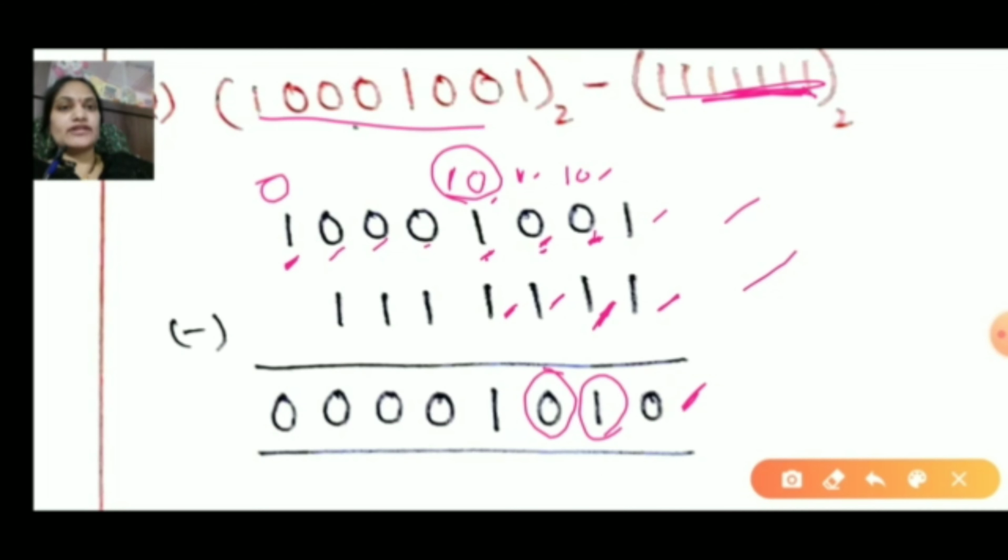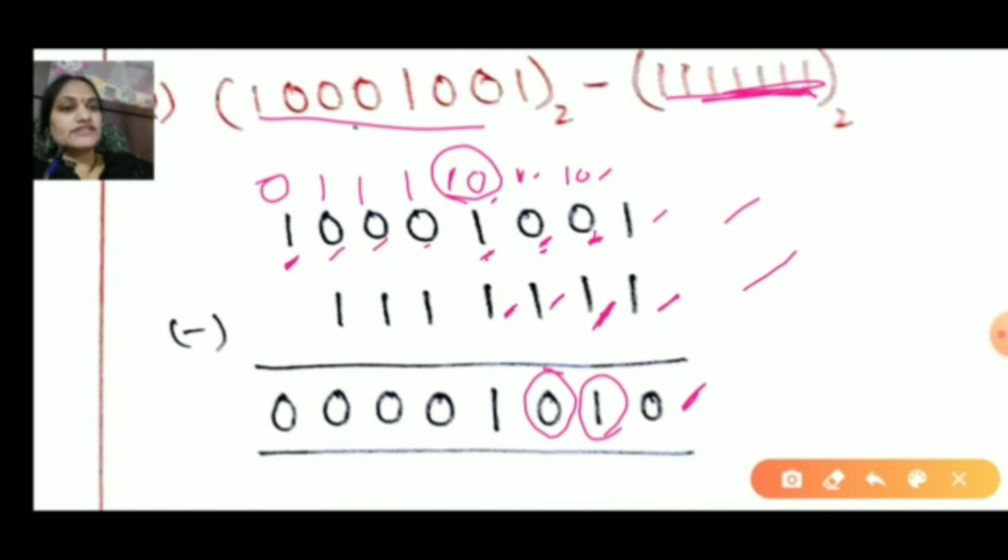That is decremented by 1. Okay. And then what about these 3 zeros? 3 zeros become 3 ones. Why? Because 1 is the highest digit in the binary number system. That's why we will get 3 ones here.